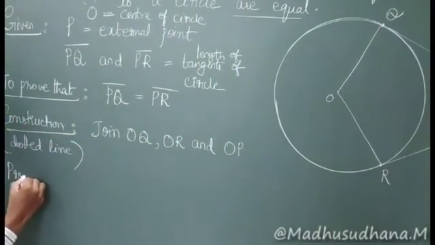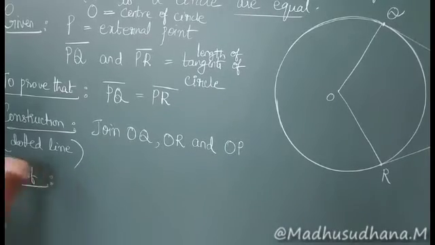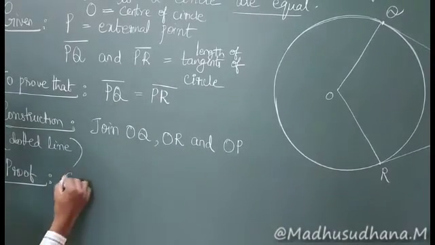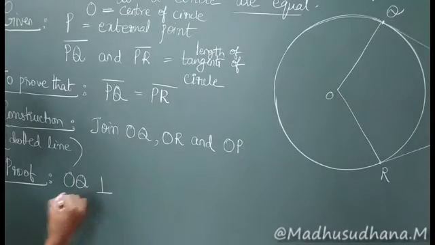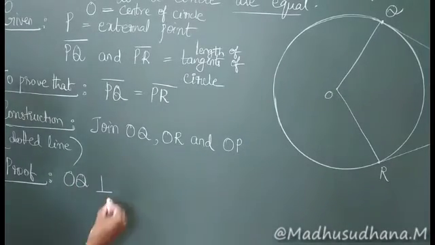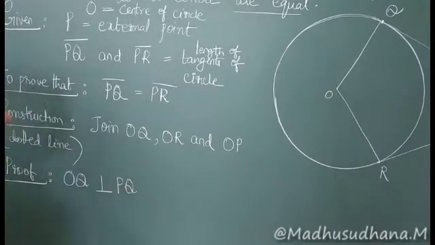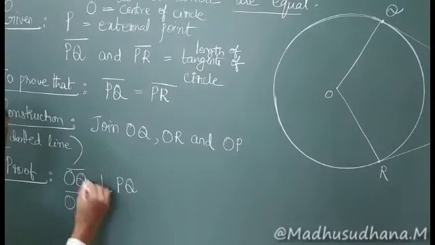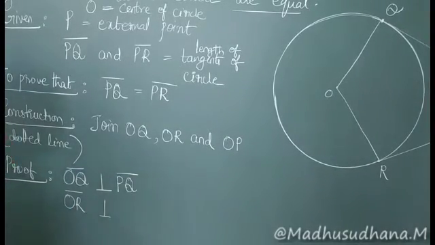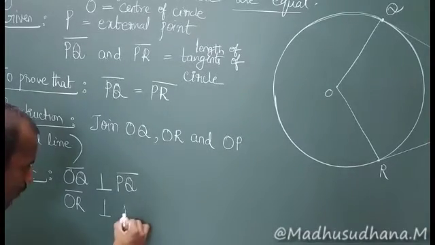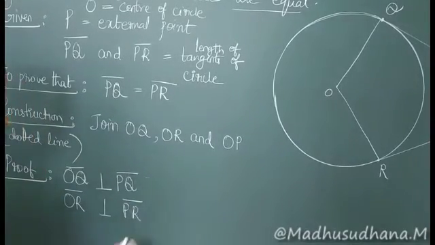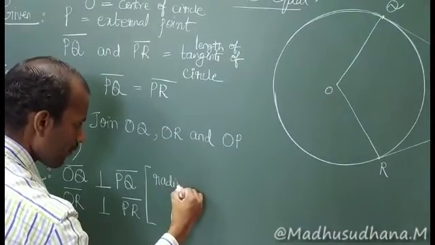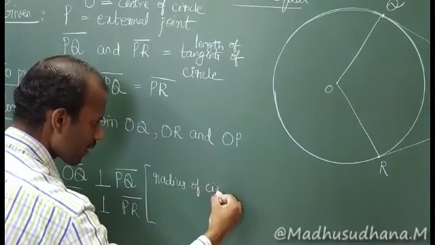Just now we have proved a theorem here. Can we write OQ is the radius, right? So in the proof part, OQ is perpendicular to PQ, and OR is also perpendicular to PR.